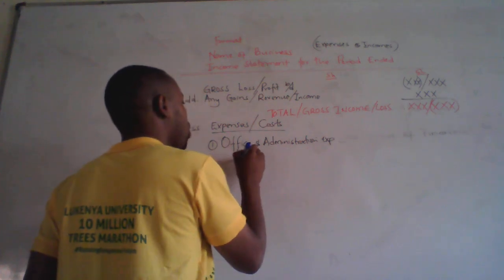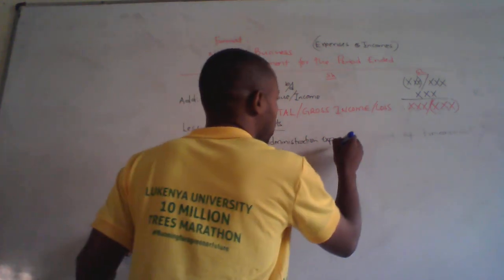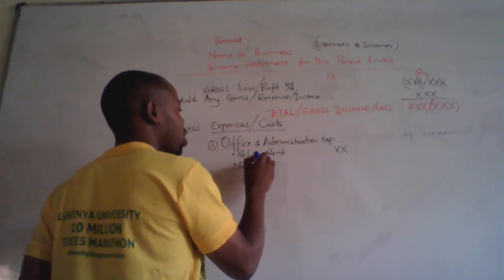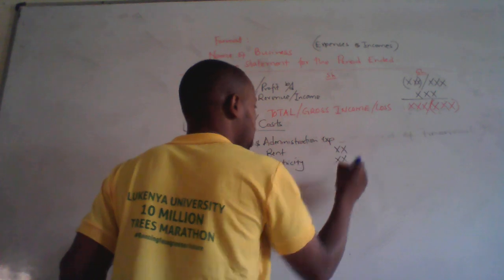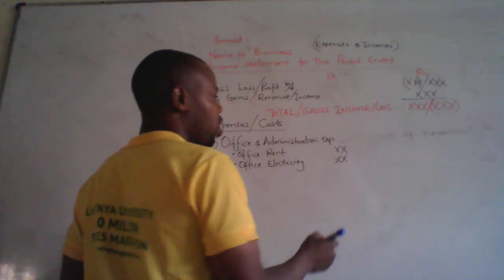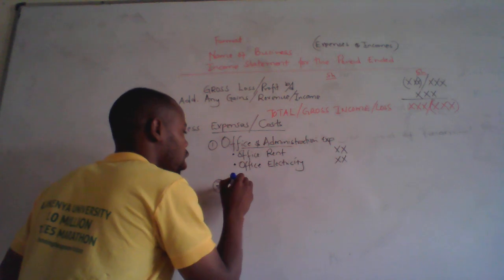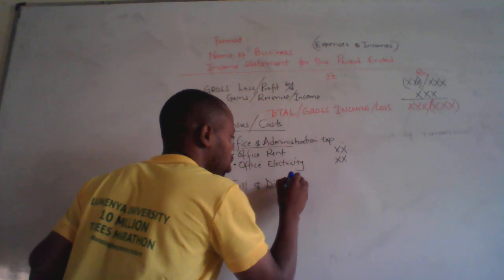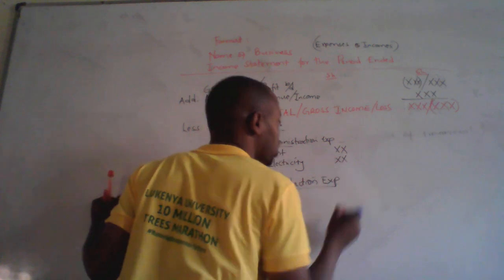A good example is office rent, and that amount is posted there. Another example of office expense, we can have office electricity, and so many other expenses that are related to the office and administration. Then, after you have added the office and administration expenses, the second expense that we also add here is what we call the selling and distribution expenses or costs.